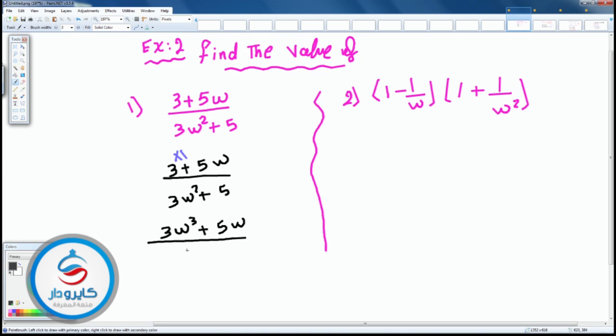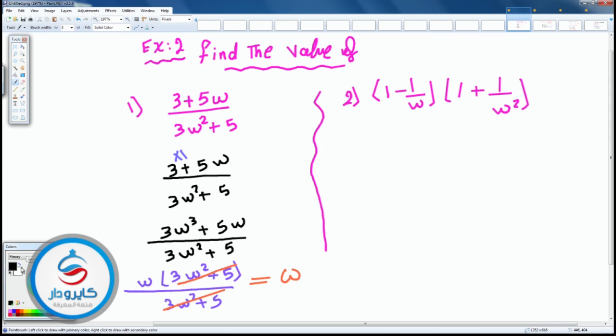Also, the denominator stays as it is, 3 omega square plus 5. If we take omega as a common factor from the numerator, we have omega times 3 omega square plus 5, over the denominator 3 omega square plus 5. By cancelling, the final answer will be omega.